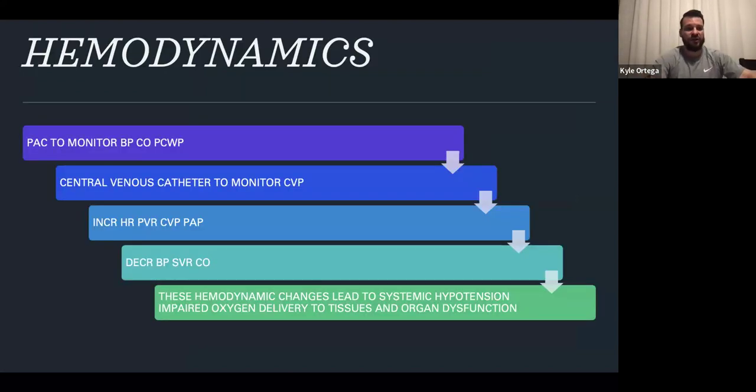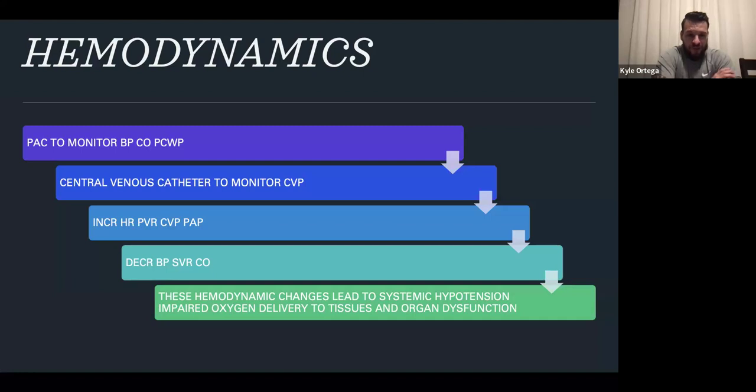Hemodynamic monitoring. Just like everything else, we're going to use a pulmonary artery catheter and a central venous catheter to monitor the blood pressure, cardiac output, and pulmonary capillary wedge pressure, and we're going to monitor the central venous pressure as well.